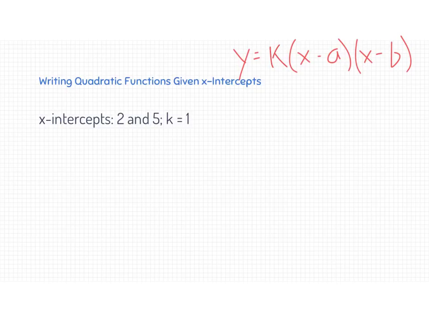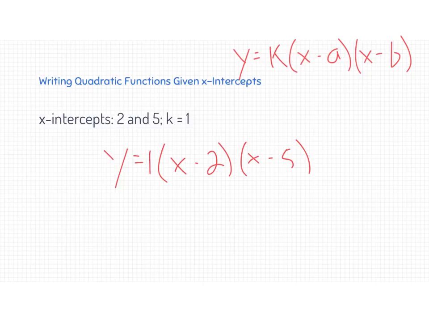Essentially what it comes out to be is y equals x minus your first value, which is 2, and then x minus your second intercept, which is 5, and your k value in this case is 1.